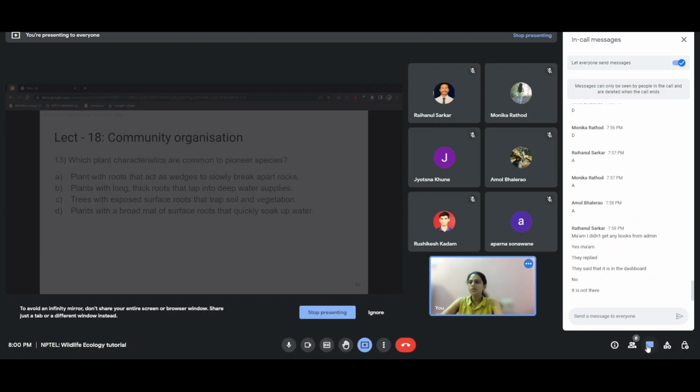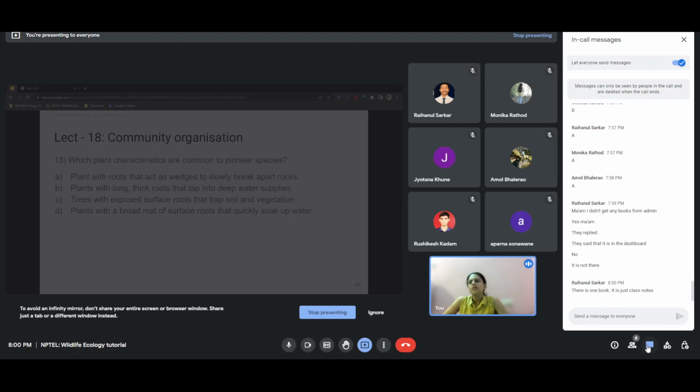So maybe what you can do next is reply to that thread and say that you have checked the dashboard. Is it not there for everybody else, or is it only Ranil who does not have the books on the dashboard? Has anyone else checked this? Oh, I see. Okay, it's just class notes.